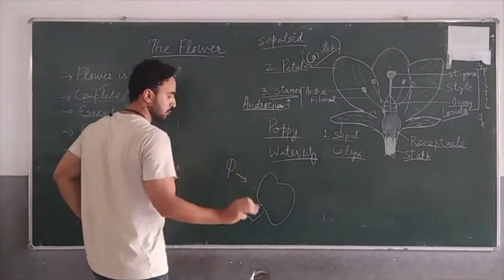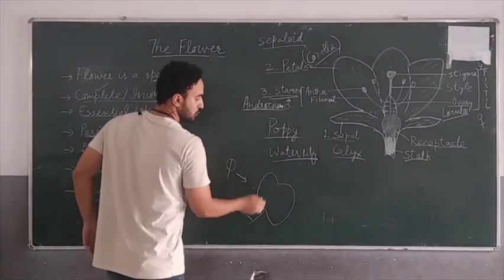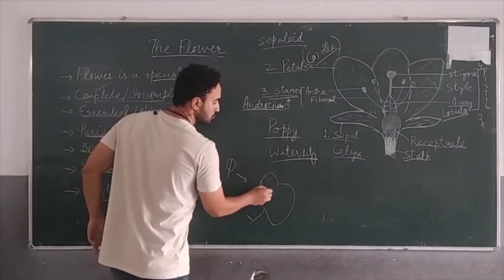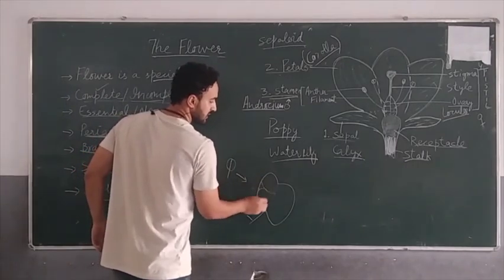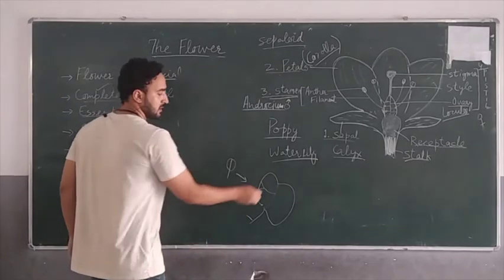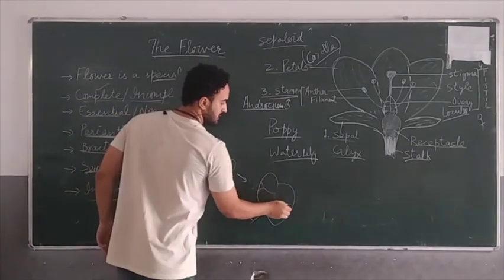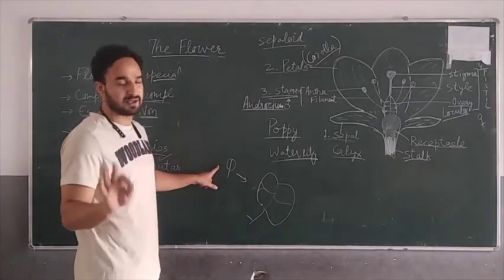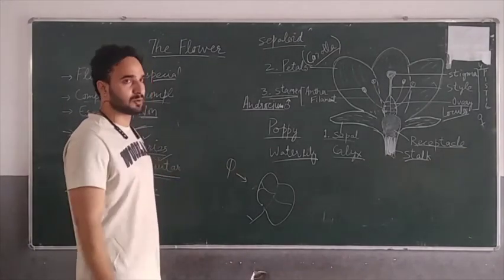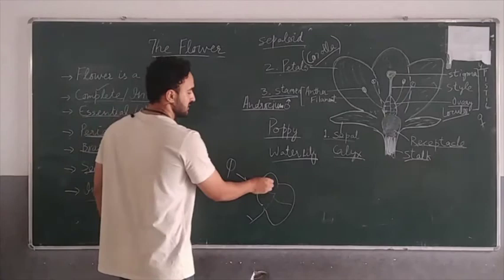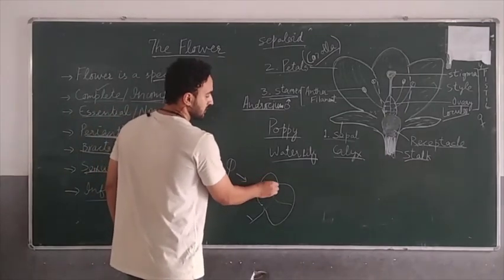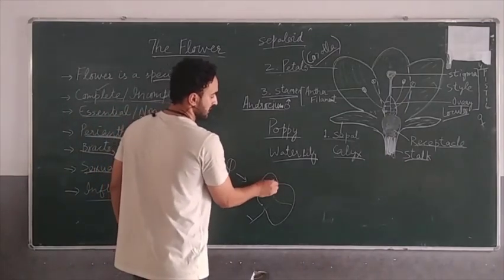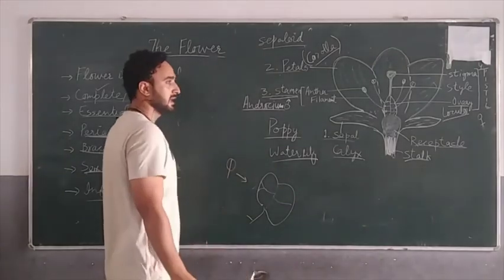Bilobed means it has two lobes, and each lobe has two pollen sacs. So we have a total of 4 pollen sacs in a bilobed anther. And what is present in the pollen sacs? In the pollen sacs are present fine grain-like structures, and these are the male gametes.